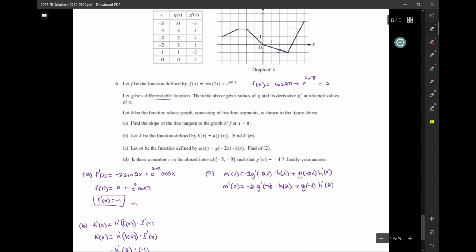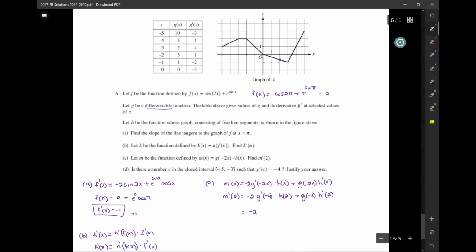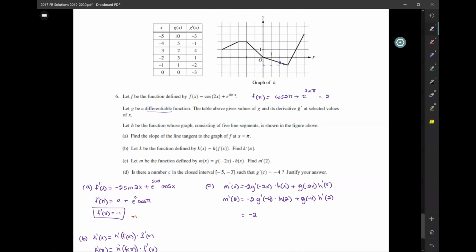Oh my god, how fun is this? So negative 2 G prime at negative 4 is negative 1. H of 2. What is H of 2? And that's interesting.